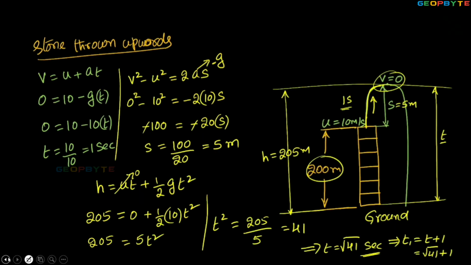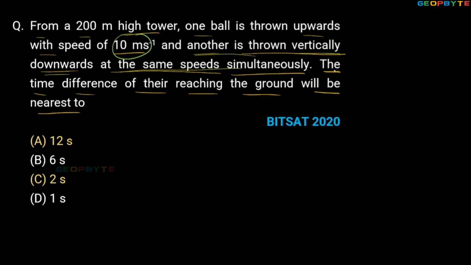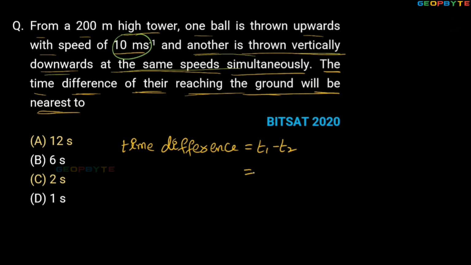But what is asked? Look at that. The time difference of their reaching the ground will be nearer to... The difference is time difference. Time difference equal to T1 minus T2. T1 is the time required for the first thrown-up stone.